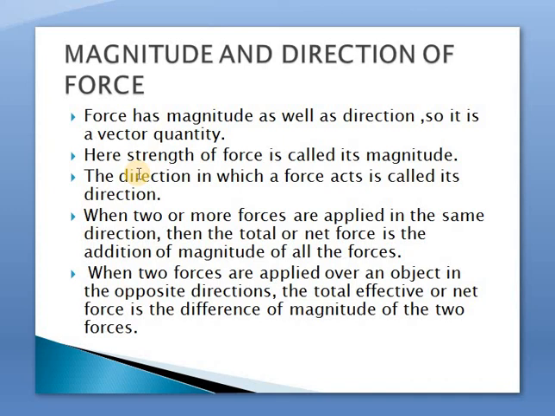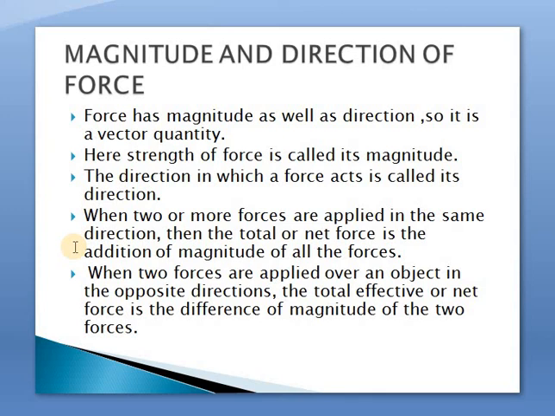Here, the strength of a force is called its magnitude, and the direction in which the force acts is called its direction. It is very simple. Now, what will be the result when two or more forces are applied in the same direction? Then the total or net force is the addition of the magnitudes of all the forces.